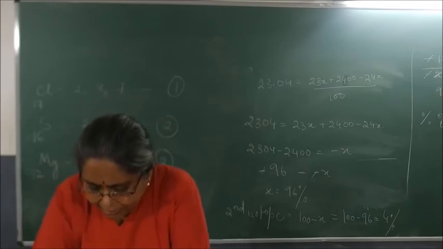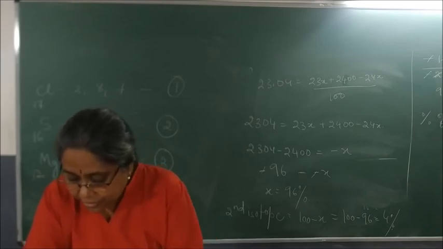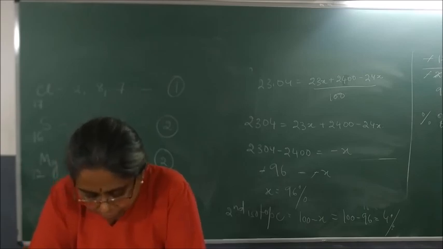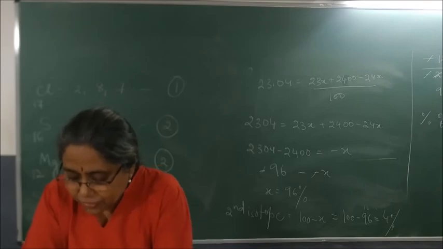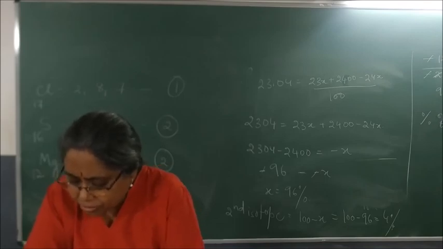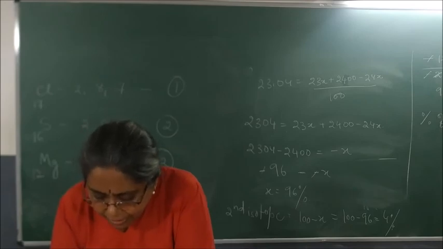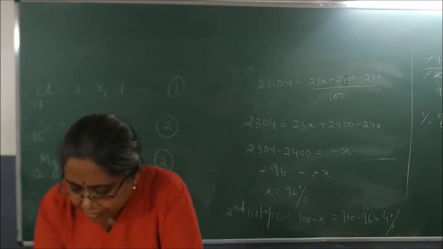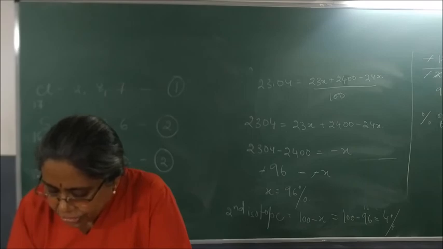With the help of table 4.1, find out the mass number of oxygen and sulfur. Where is 4.1? This table is 4.1. Now what we have to find out? The mass number of oxygen and sulfur. Mass number is number of protons plus neutrons. So, number of protons is 8.